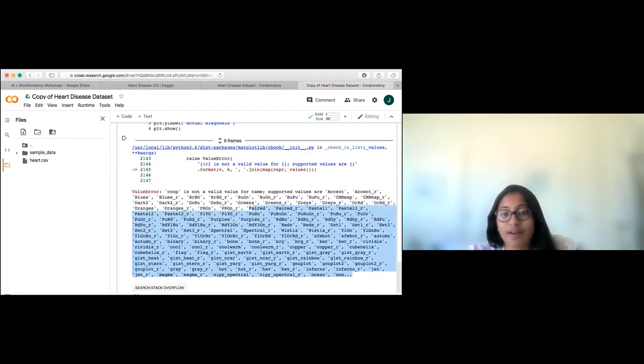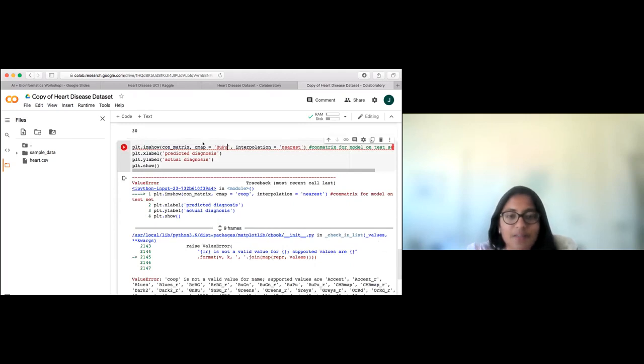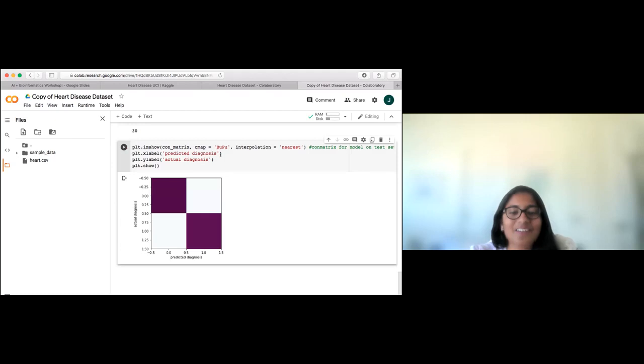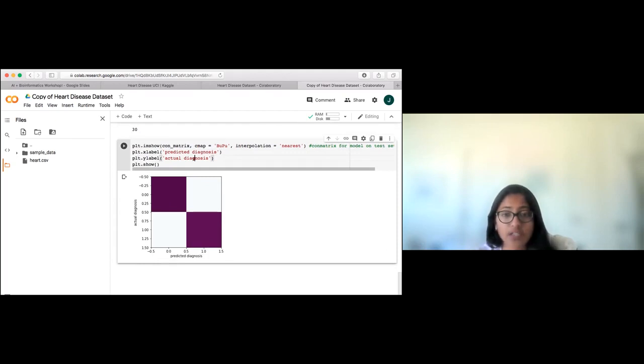So if you want to play around with that and pick the prettiest color, I'm pretty sure blue is pretty. And you want this diagonal line to be as dark as possible in blue, which is what this color scheme is called, so that your confusion matrix is accurate, or your machine learning model is accurate. And that is pretty much it.